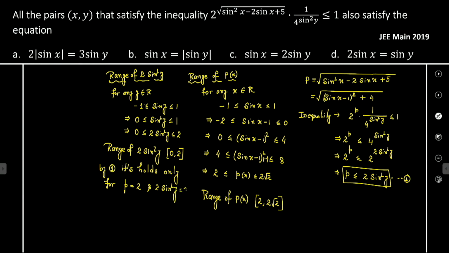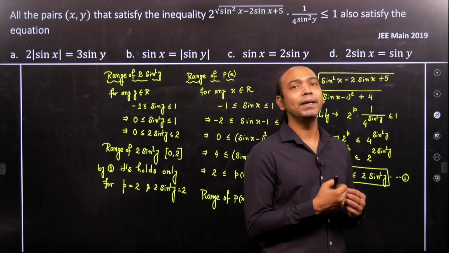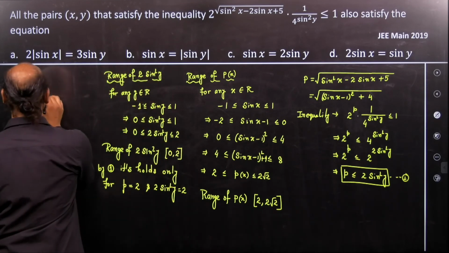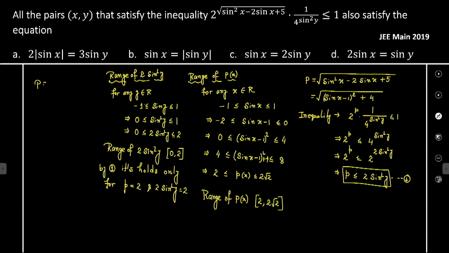Now let's calculate the value of x when p is equal to 2. So that's our next job. Okay, so let's calculate that condition. So here we can see that p is equal to 2. That implies that sin x minus 1 whole square plus 4 is equal to 4.